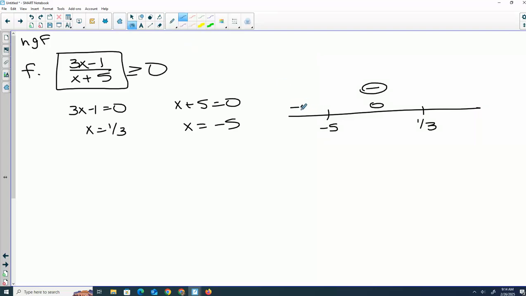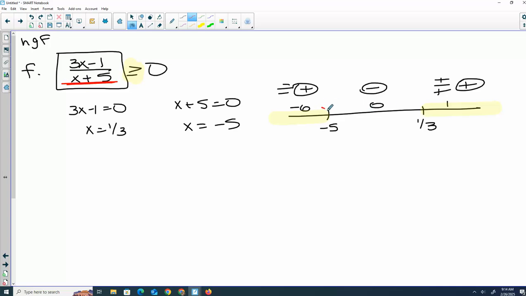Negative 6. So if I put in negative 6, we get a negative over a negative, which is positive. And then bigger than 1/3, maybe a positive 1. So we can get a positive over a positive, which is positive. I said greater than 0. Greater than is positive. So here are my positive sections. Equal to says bracket, but we know the bottom of a fraction can never equal 0.